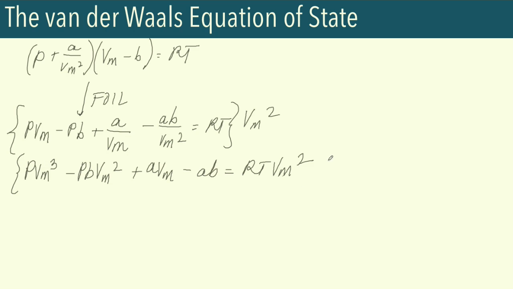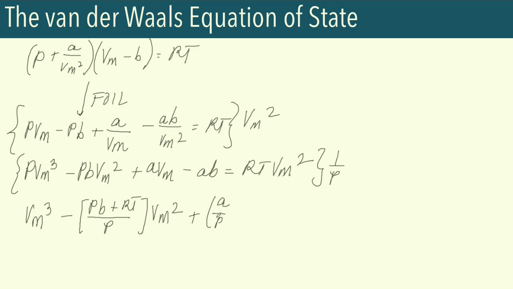If we do this, we get this expression: Vm cubed minus (PB plus RT) over pressure times Vm squared plus A over P times Vm minus AB over P is equal to 0.